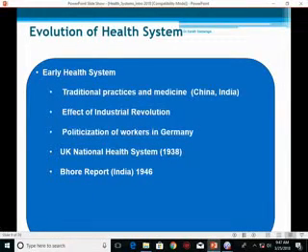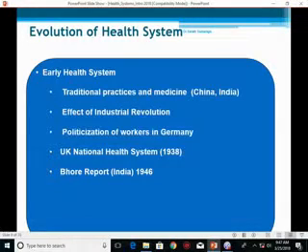Let's look at how these health systems have evolved over time. What are the oldest health systems that we hear of in the world? Traditional practices and medicine started long years ago in China and in India.